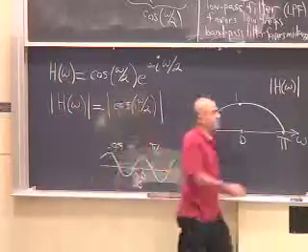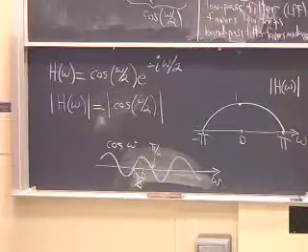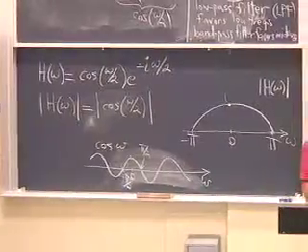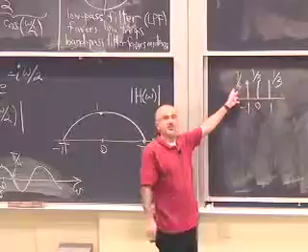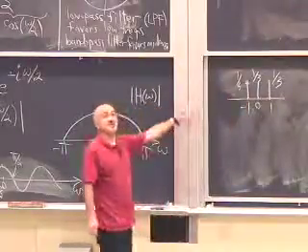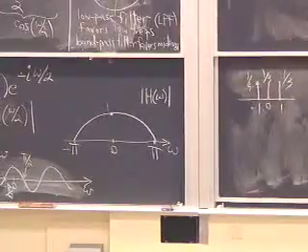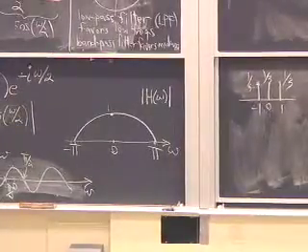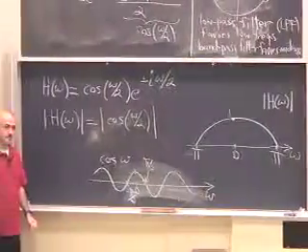For example, a three-point moving average like this, 1/3, 1/3, 1/3, h of omega ends up being real. That's a nice exercise for you to do at home. Try this at home. But it doesn't matter that it goes negative at some frequencies. What matters is the magnitude, because that's what determines the amplification.